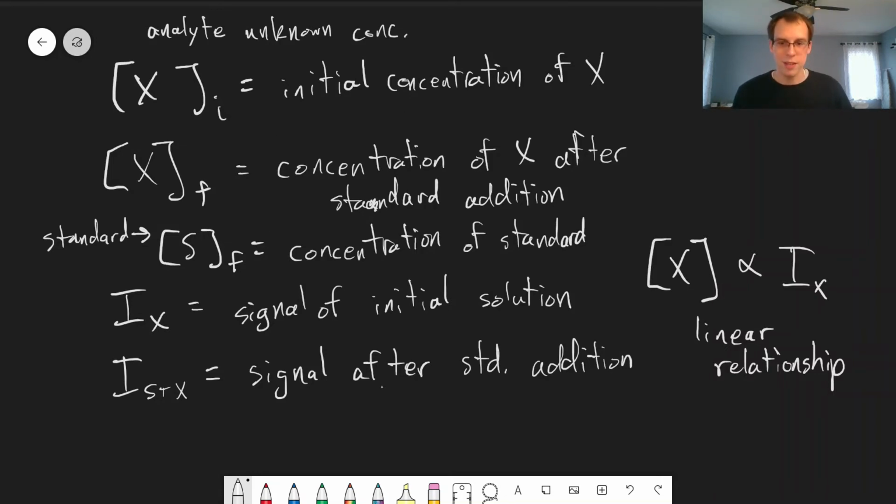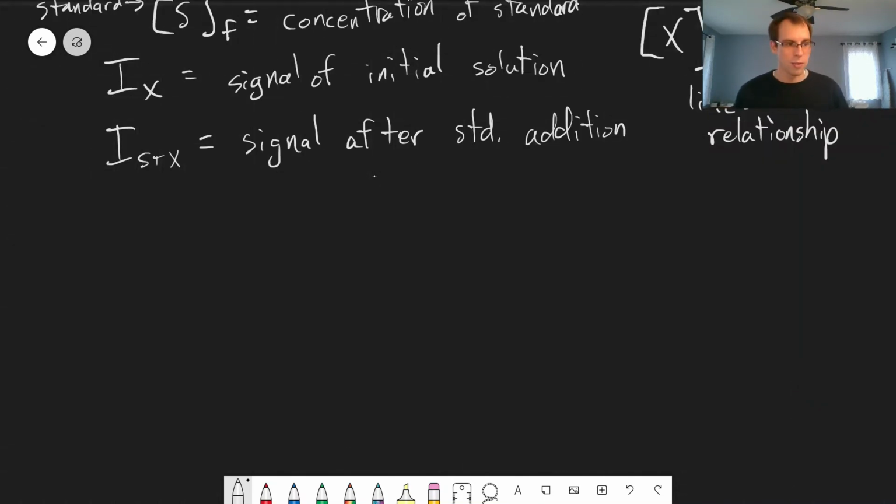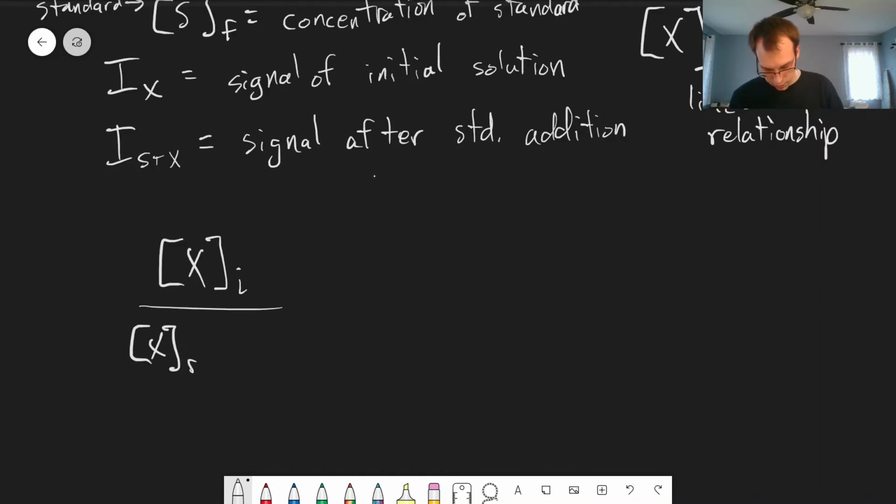Okay, so that means that if we make that assumption, the ratio of our signals and concentrations should be equal. So if we take the ratio of our initial concentration of X divided by the final concentration, which will be our final concentration plus the standard that we added, right? So those will both be present.